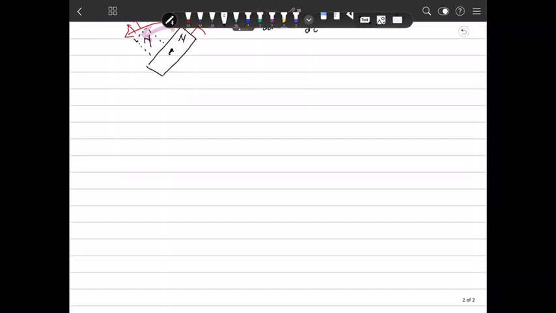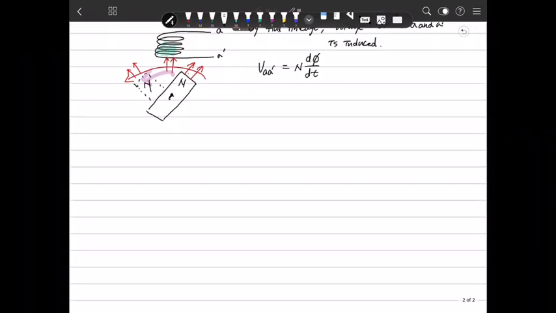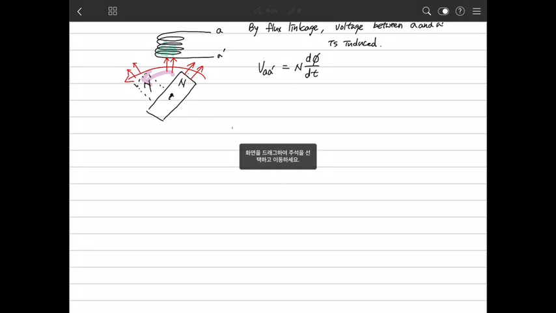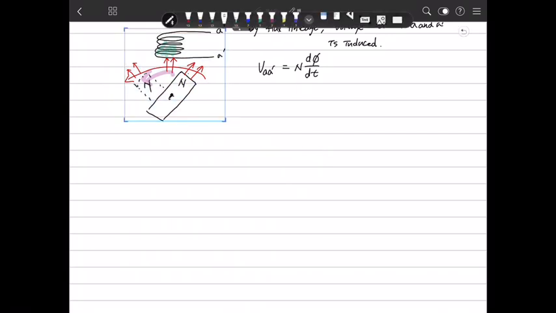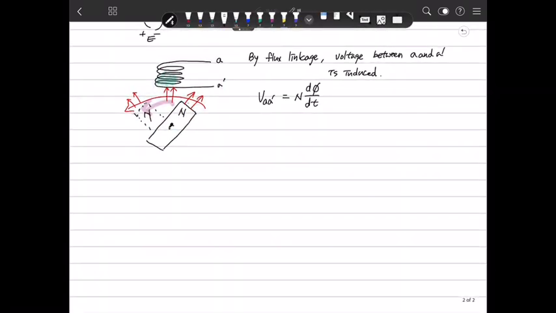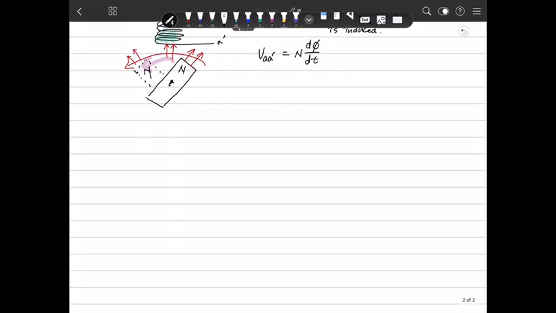But this time, we make a coil, something like that. We have the same coil. We have a coil here, like that. Now I want to draw a circle. There.